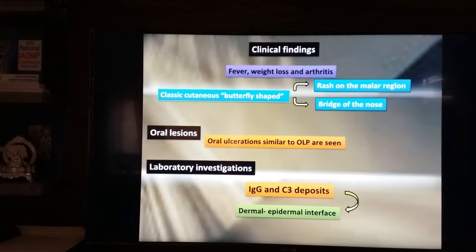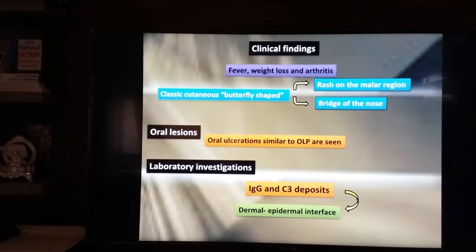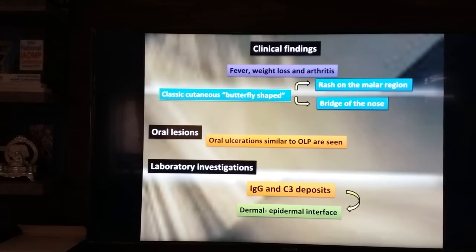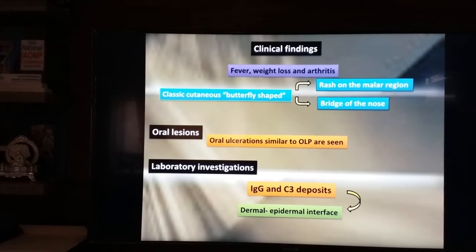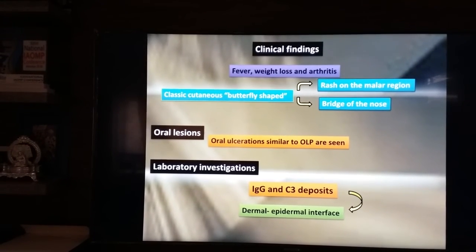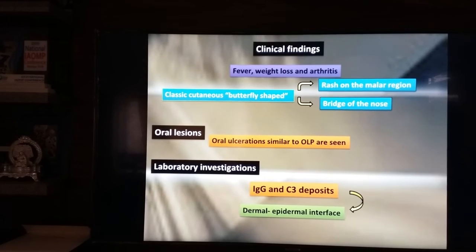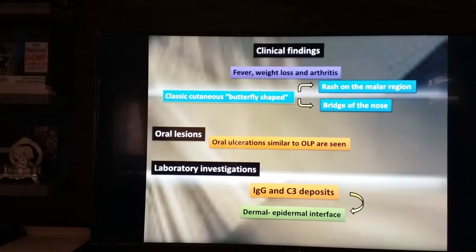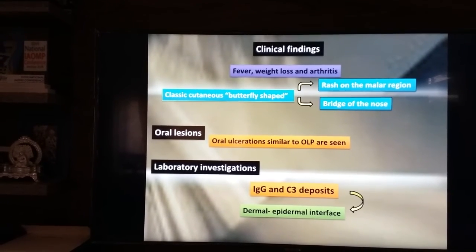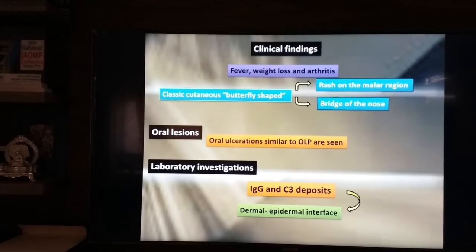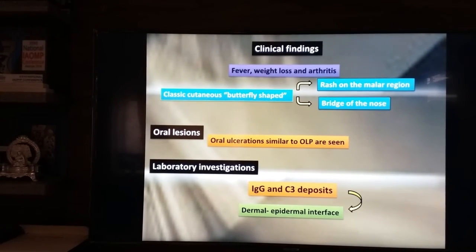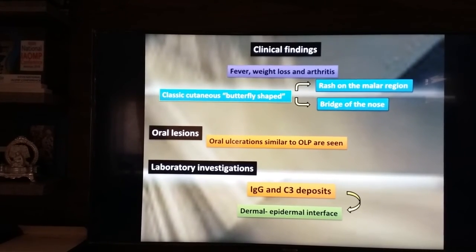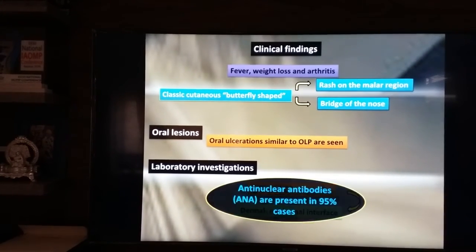Now, the classic cutaneous lesion will be found on the face. We find a butterfly-shaped lesion on the surface of the skin of the cheek, across the bridge of the nose, with rash on the malar areas. In the oral cavity, the oral lesions could be similar to oral lichen planus, and when we investigate, we will find the presence of IgG and C3 deposits at the dermal epidermal interface.